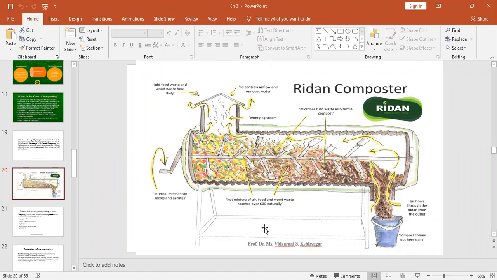And we are artificially providing the air. From the outlet also air will be allowed to enter here, and the entire method is a closed one.